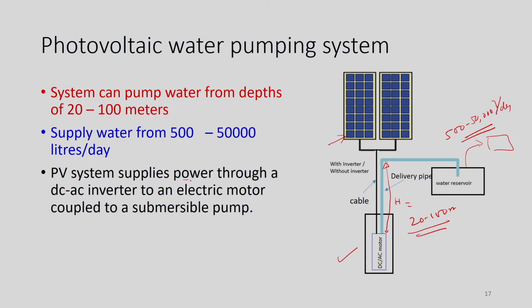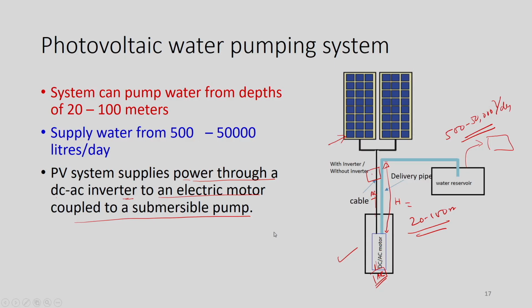So, this PV system supplies water through a DC-AC inverter, okay, to an electric motor coupled to the submersible pump. Okay. Sometimes DC cables are there, if no inverter is connected; if inverter is there, then these will be AC cables, okay, and this will run on alternating current, right. Otherwise, if inverter is not there, it means these are DC operated systems, right.